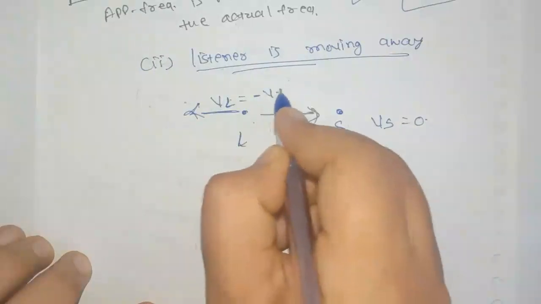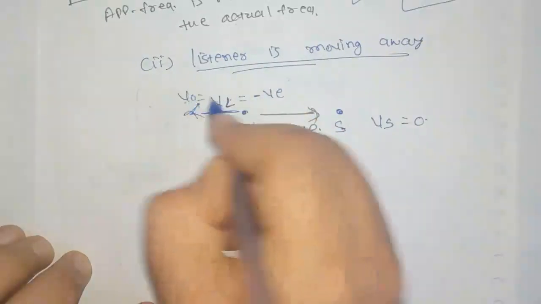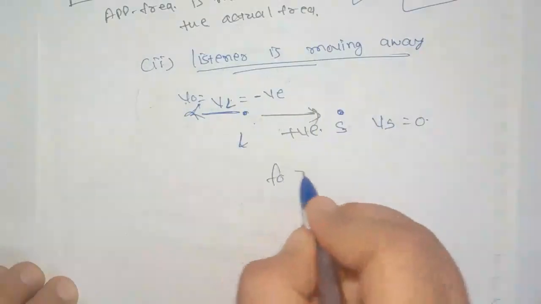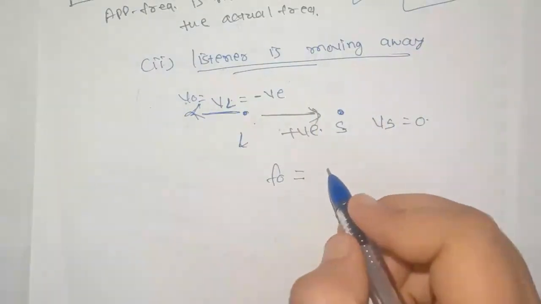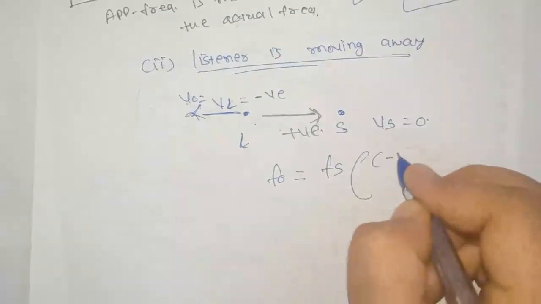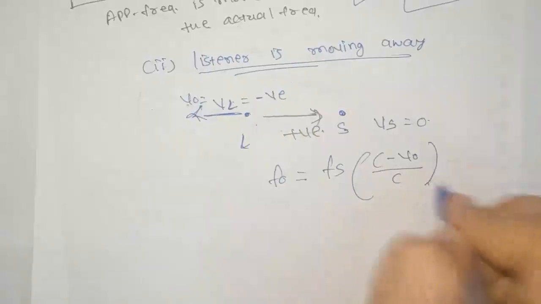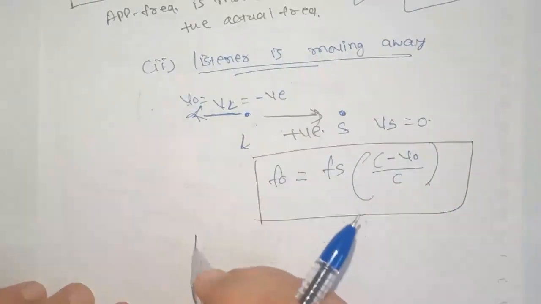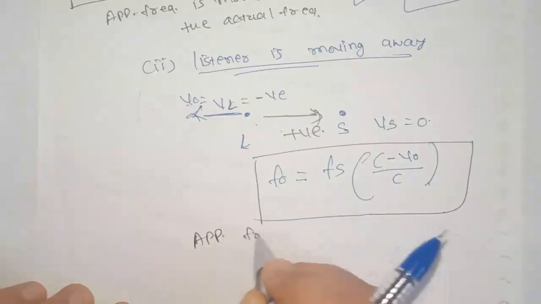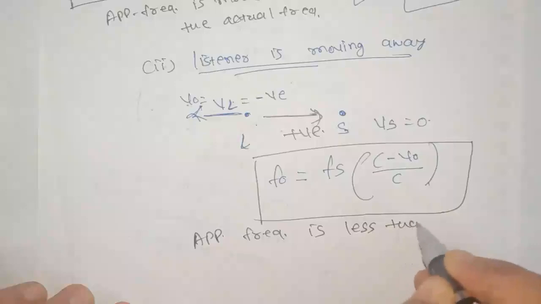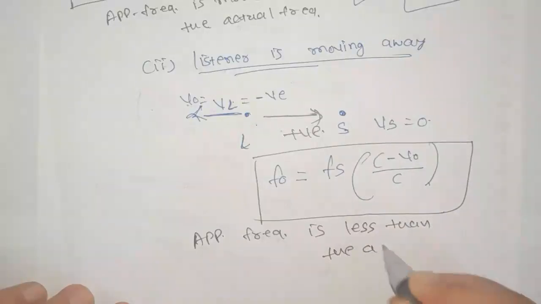So VL will be negative. So Vo, that is VL, will be negative. So apparent frequency will be Fs into C minus Vo divided by C. Here the apparent frequency is less than the actual frequency.